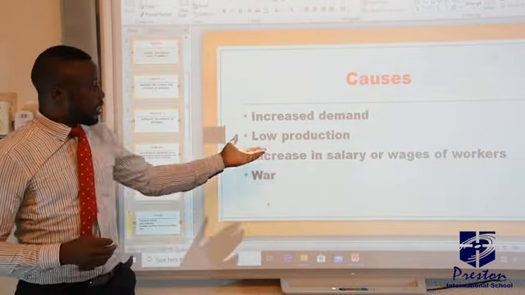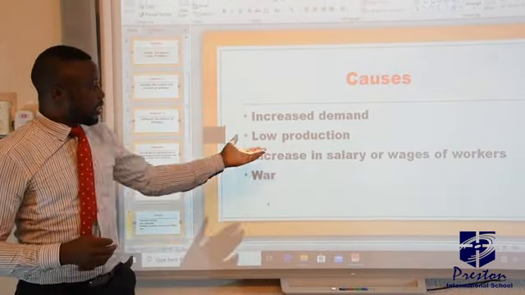Now, having said that, how then can inflation be controlled? Number one, we can control inflation by increasing output level. In other words, when output level is increased, it can match up with the aggregate demand, and the market forces of demand and supply will adjust the price in the market.